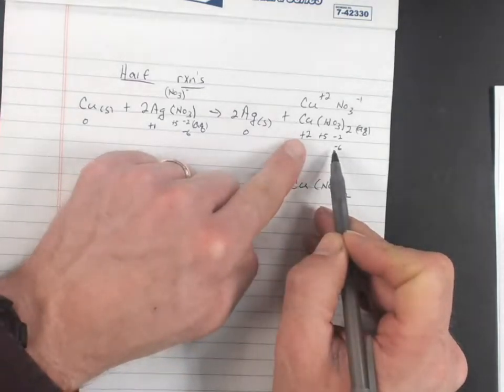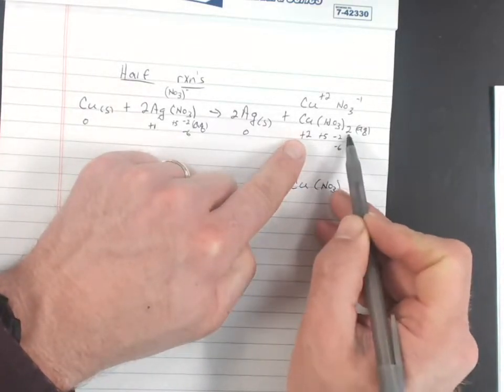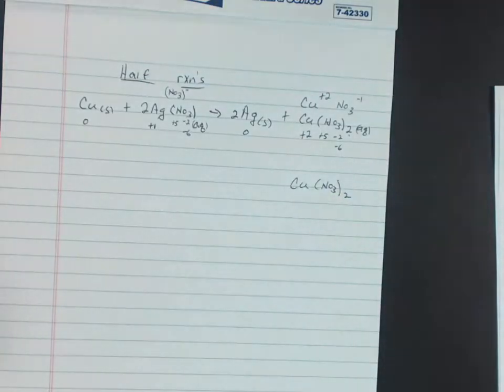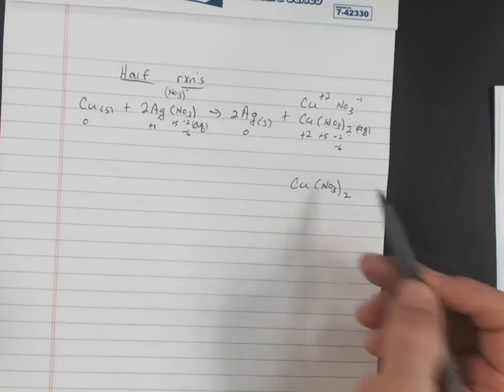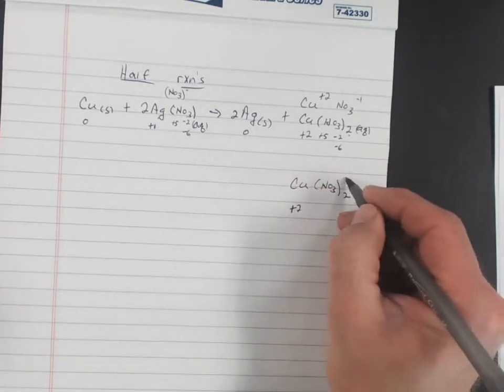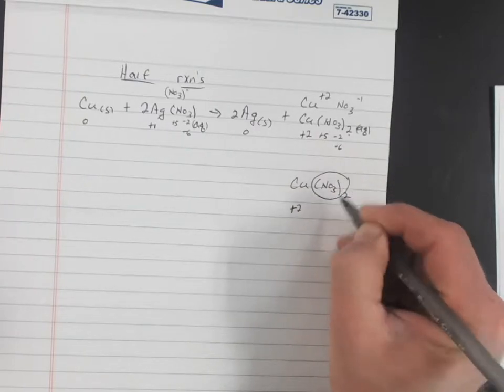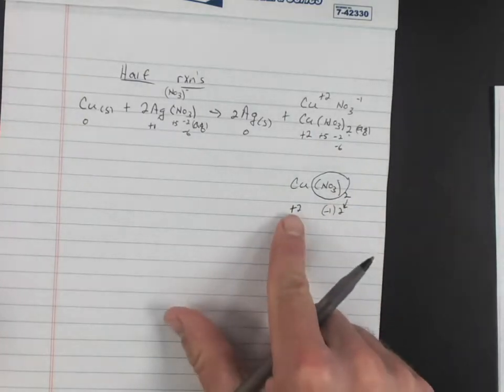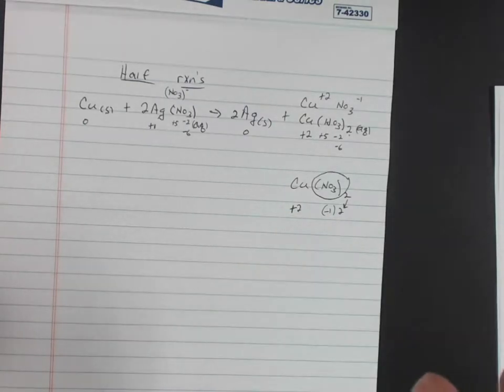Well, that doesn't balance out with that plus 2 until you take into account that you have 2 negative 1s. So it does come into play in the total charge aspect, but not in terms of writing the oxidation number. The other way you can think about this is copper is plus 2. Well, as a group, the NO3 is negative 1, and there's 2 of them coming from that 2. That's how you get the balancing out of the total charge.